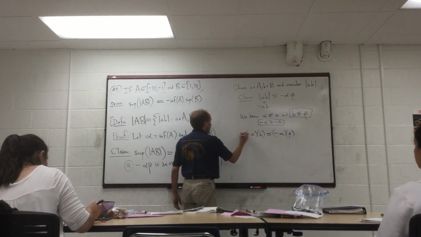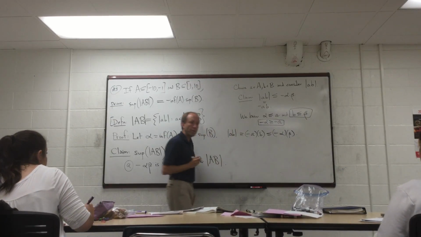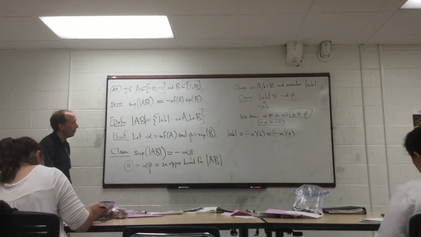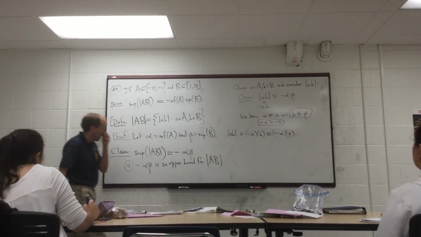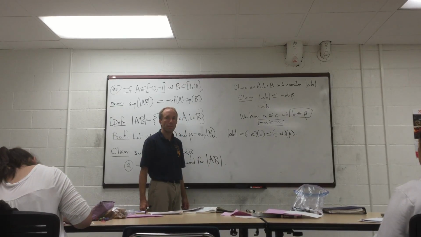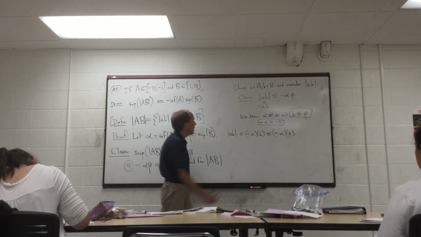And as I said before, that's what this absolute value of A times B is. So we prove that negative alpha beta is an upper bound for absolute AB. Okay, so we got that part.